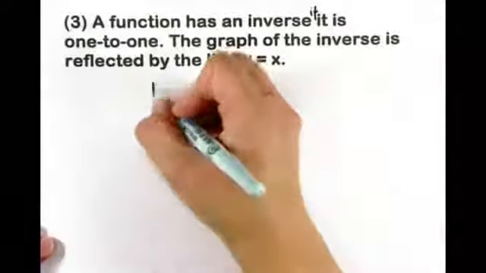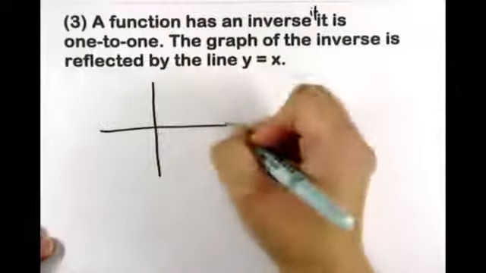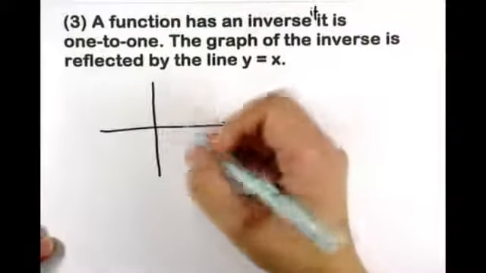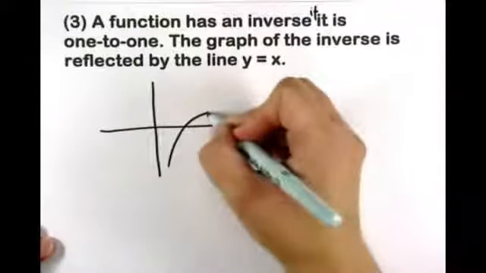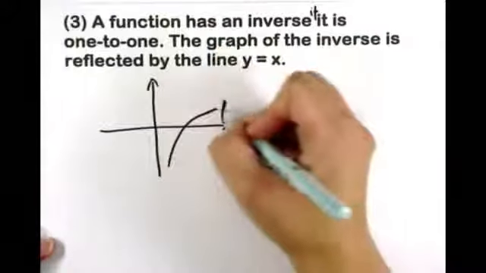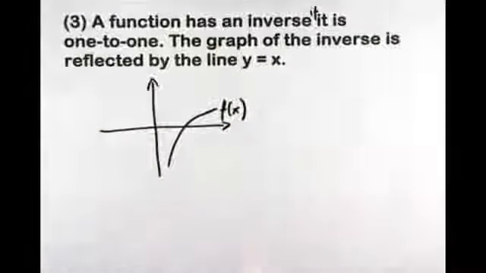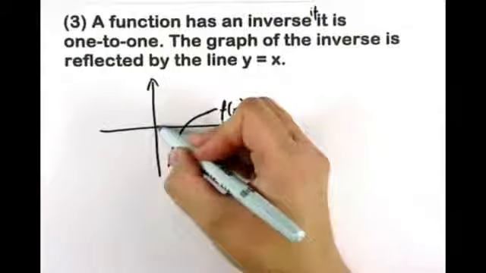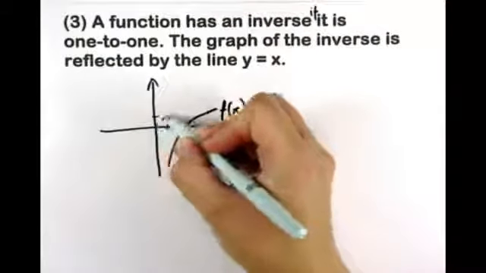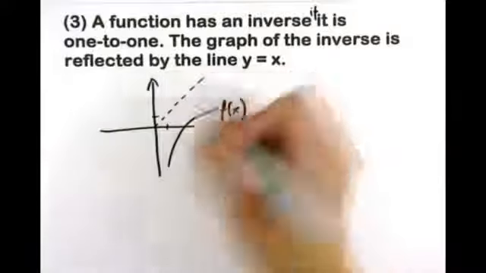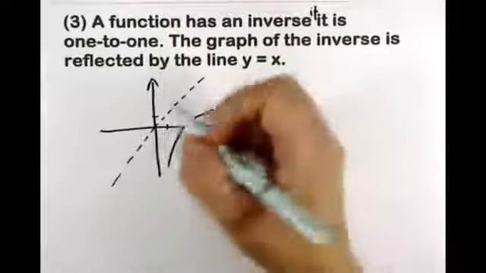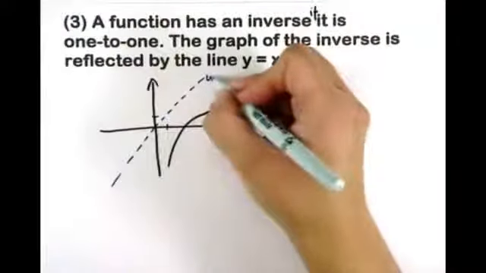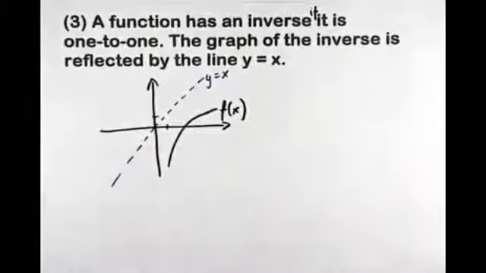So the situation looks like this. If my graph is right here, this is my f of x. Then I draw the line y equals x, so it goes through (0, 0), (1, 1), (2, 2), because the slope is 1. This is the line y equals x.